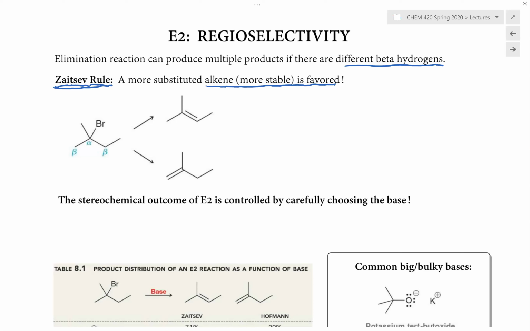For an example, if we were to have this substrate right here, and perform an E2 reaction on this, since there are different beta carbons, and these beta carbons have beta hydrogens on them, the base can come in to pick up this hydrogen, which then produces the double bond between these two carbons.